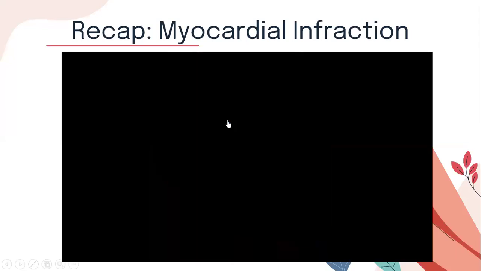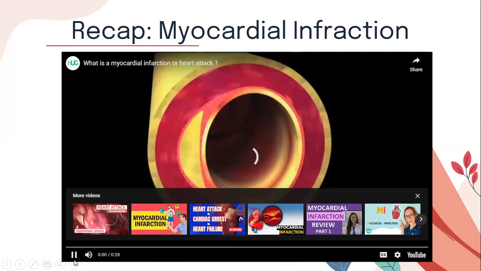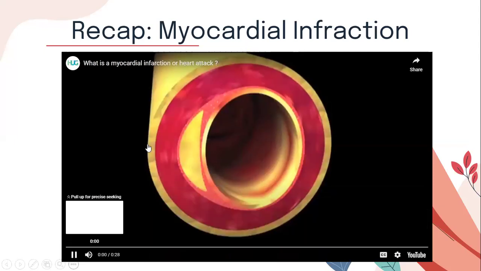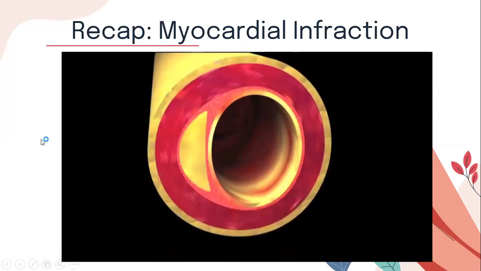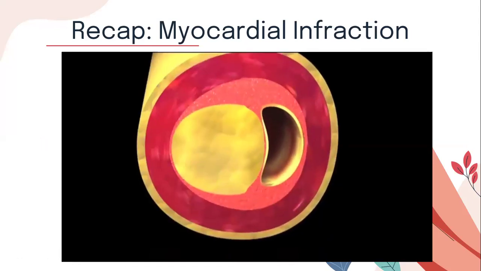Let's take a recap on myocardial infarction, also known as heart attack. Here you can see one of your arteries in cross-section with an atherosclerosis plaque which has developed over the years.